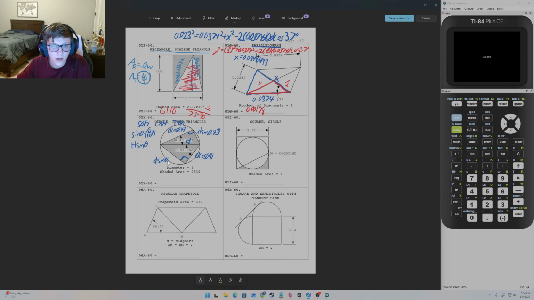Now all we have to do, the area of a right triangle is just the two legs multiplied together divided by 2, right?